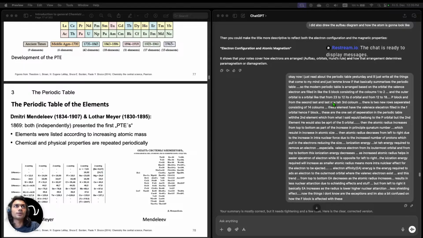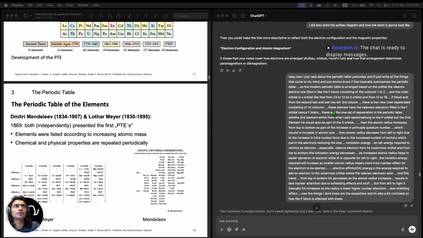From 3 to 12, it's the d orbital. From 13 to 18, it's the p block. And at the bottom, there are two separate rows consisting of 14 columns.